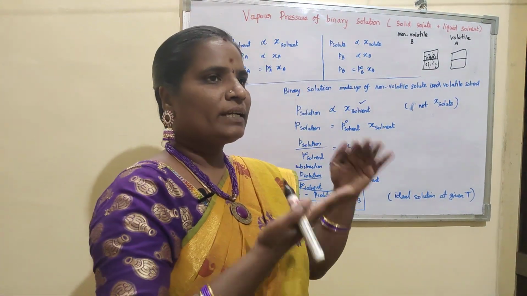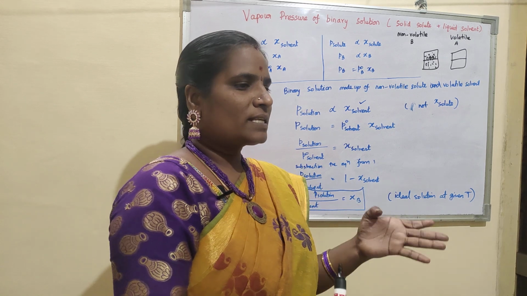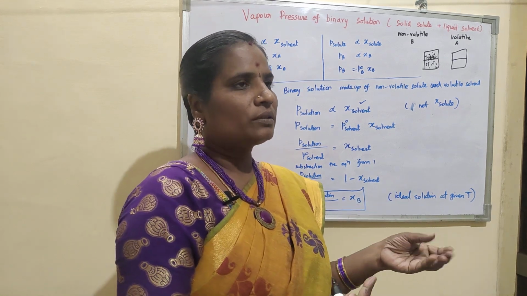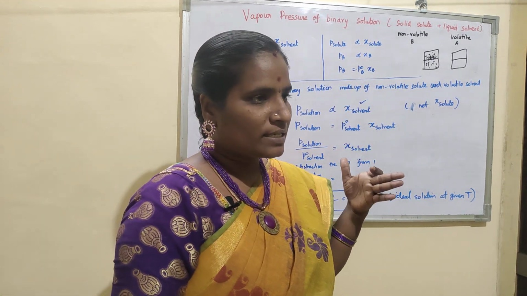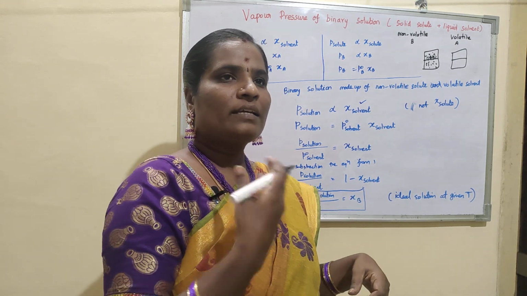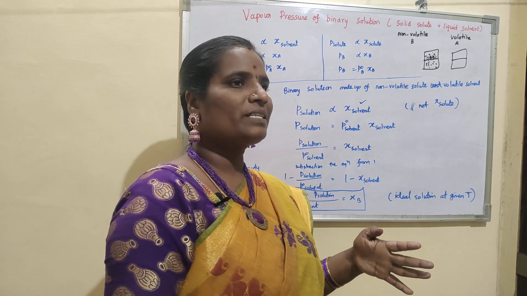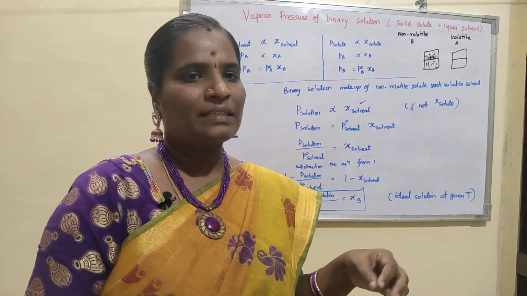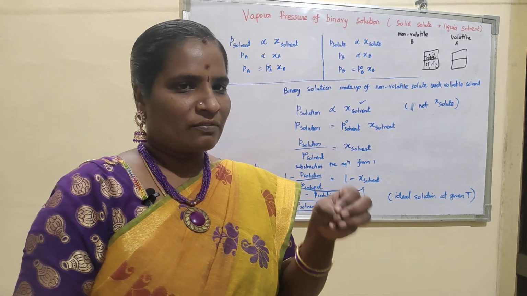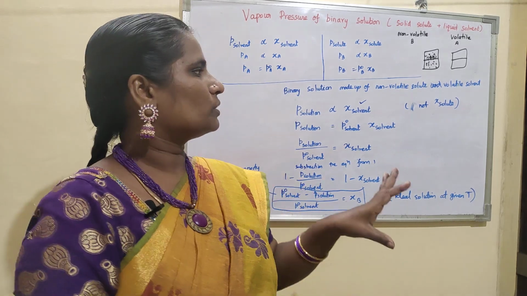For example, when you just keep the water as such without any solute, the rate of vaporization is high. The moment you add any salt like sodium chloride or potassium chloride, what happens? The vaporization of the water decreases. So that's the effect of a non-volatile solute.